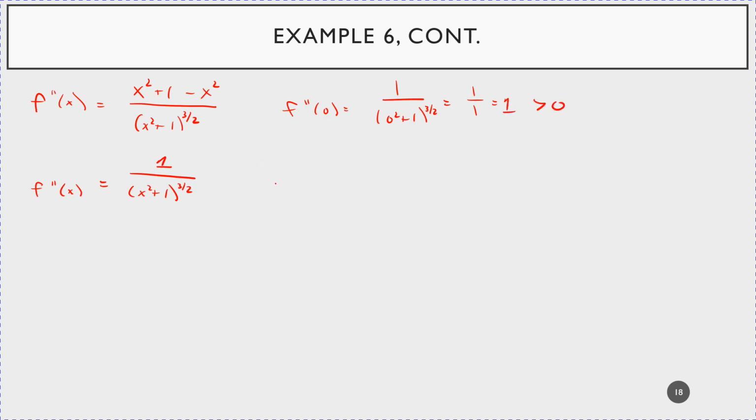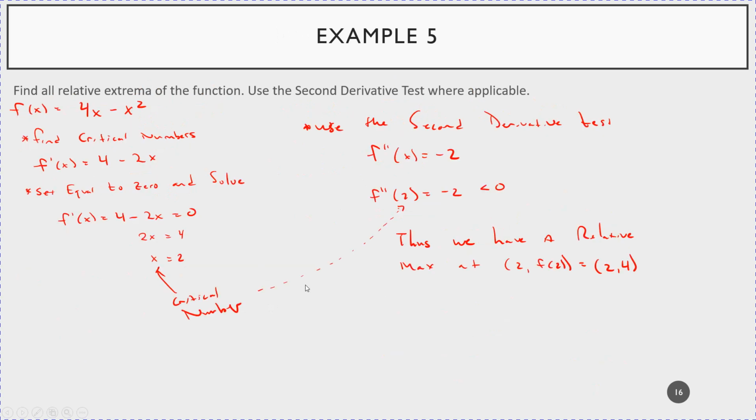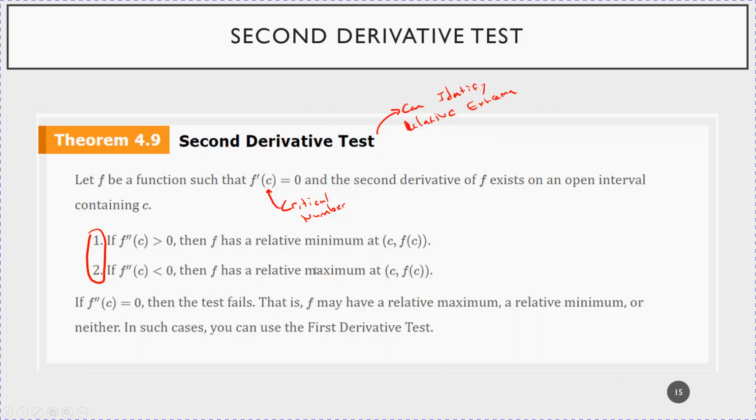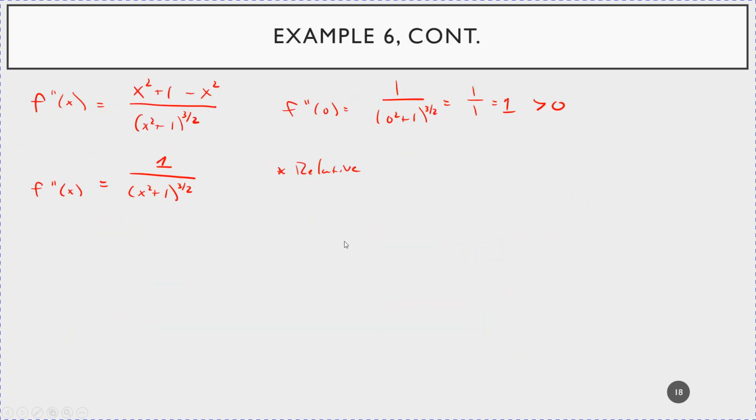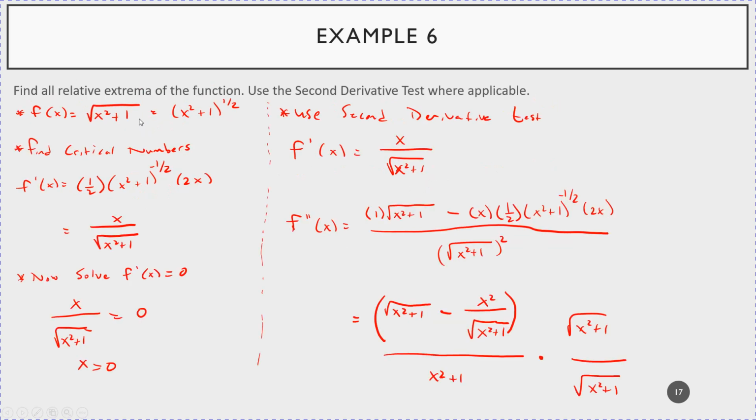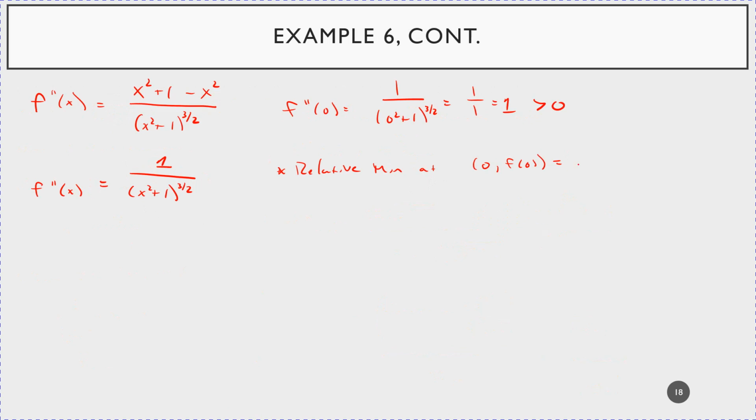So what that means is, it's greater than 0, so we have a relative min. So at the point, it was 0, f of 0. And so when you plug 0 into our original function, you get 0 squared plus 1 is 1, square root is 1. So we have a relative min at the point 0, 1.